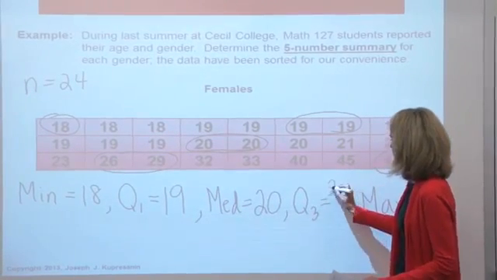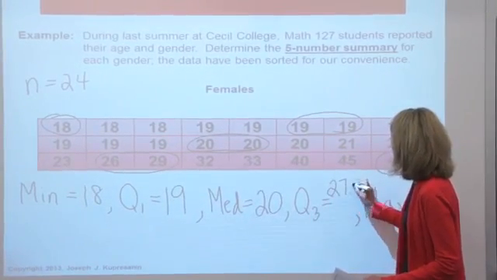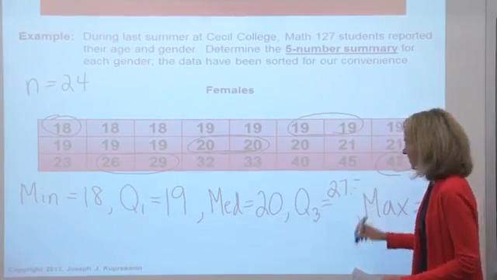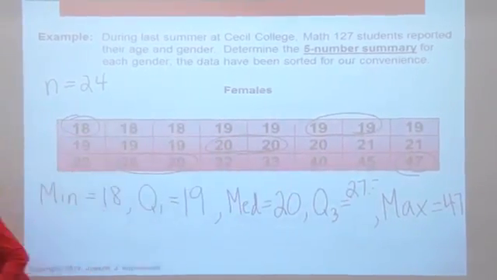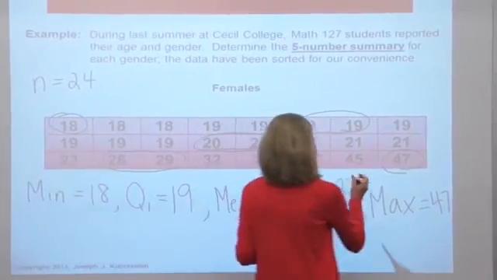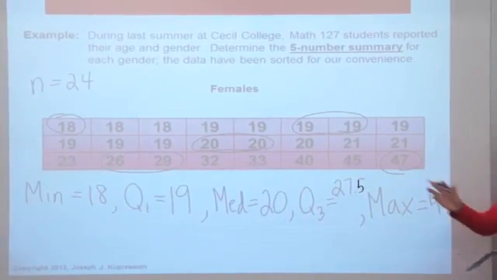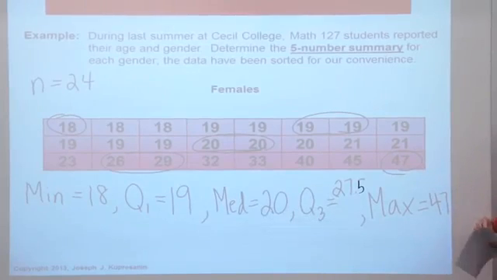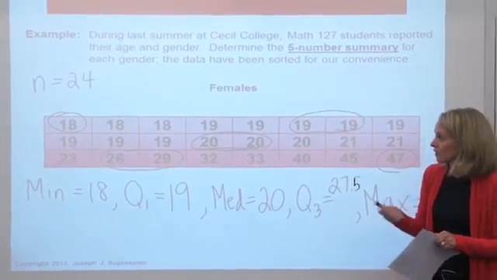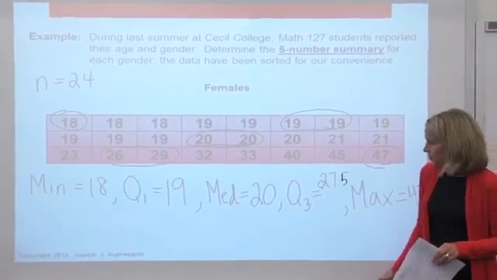We'll write that in, 0.5. So this would be the 5-number summary for this female data set that consists of their age.